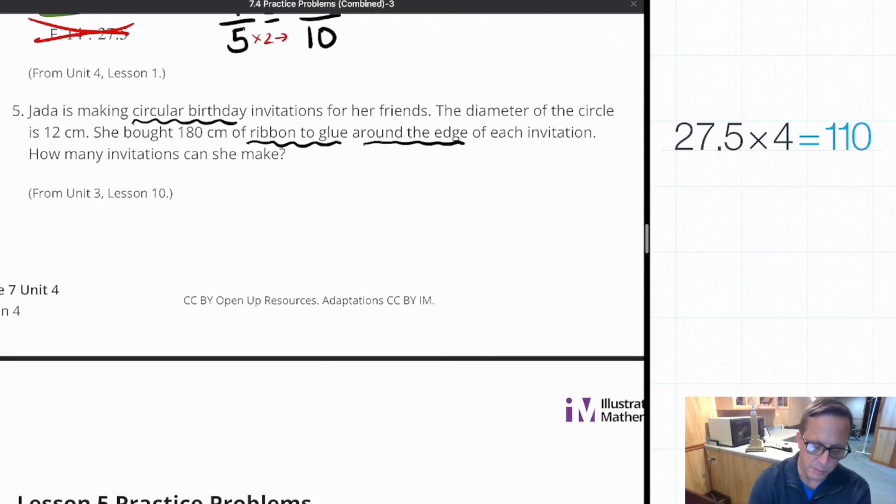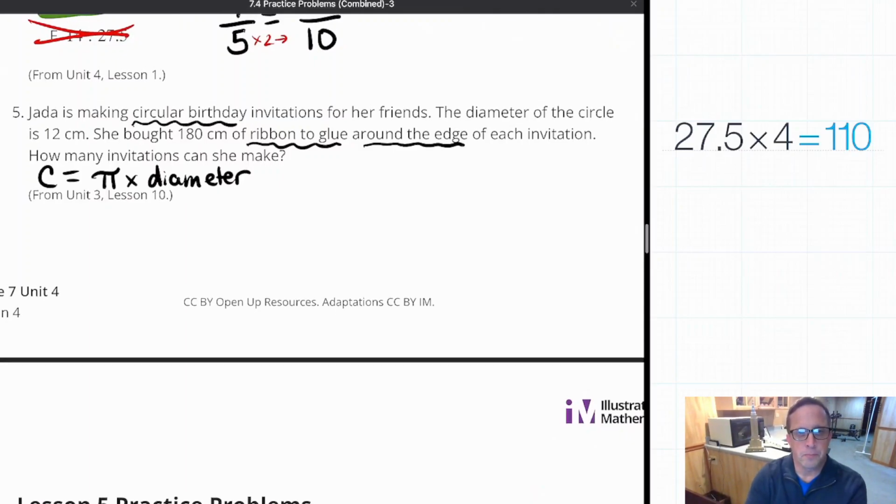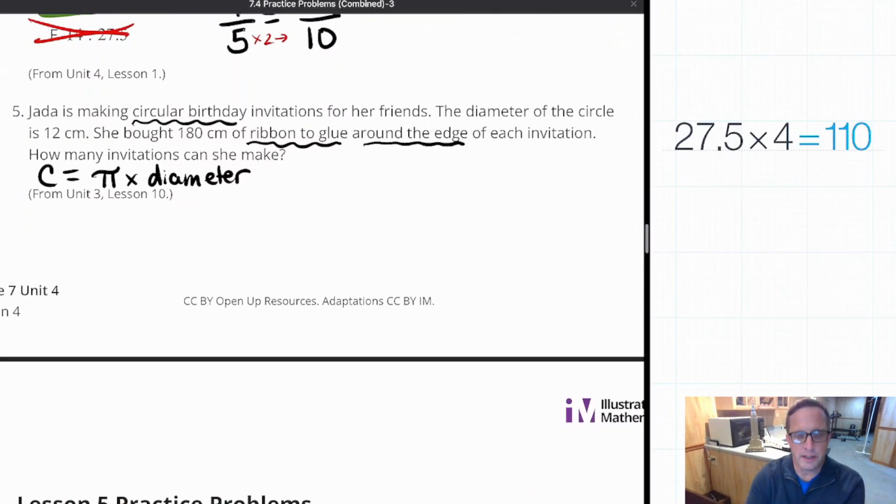So when we do circumference, we're going to do pi times diameter. It's a very simple formula for circumference. So let's figure out the circumference of one invitation, because if we know what one invitation is, we can figure out how many of those invitations we can make. All right, so we can do that.